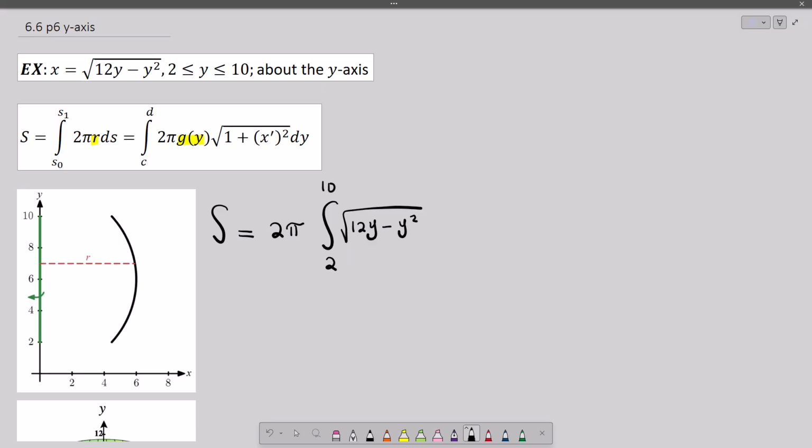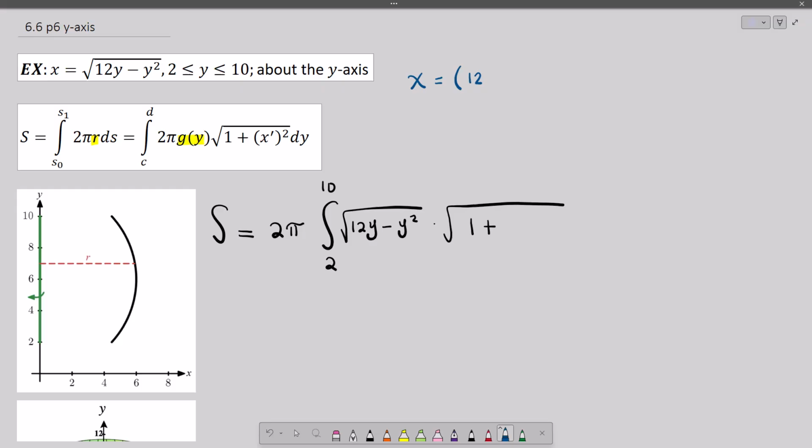And we integrate with respect to s, but we don't know anything about s, so we convert to the y's. So then we're going to have square root of 1 plus the derivative squared. So once again, we have to take a derivative. So with all these arc length and surface area problems, we're always taking a derivative of the function. So let's do that up here.